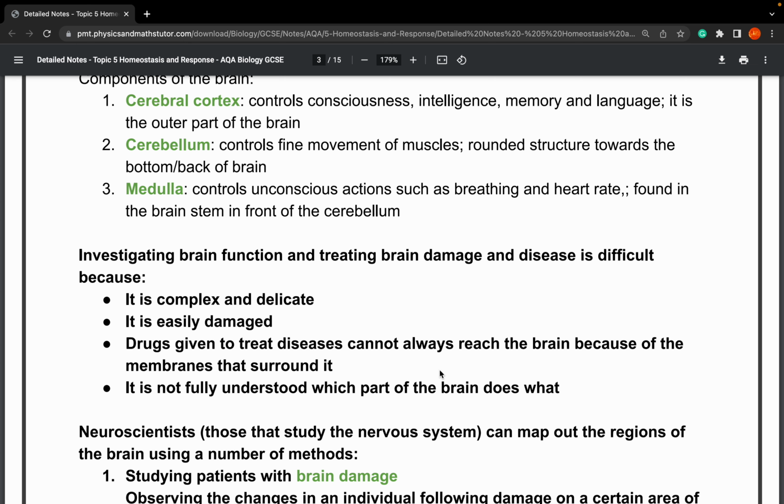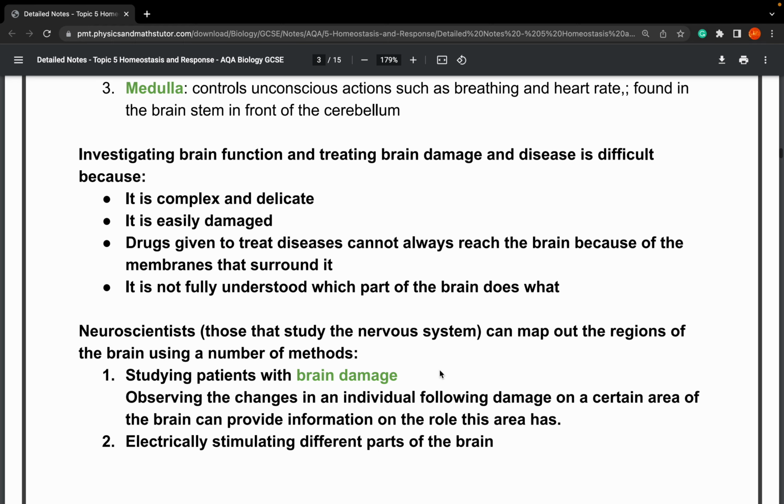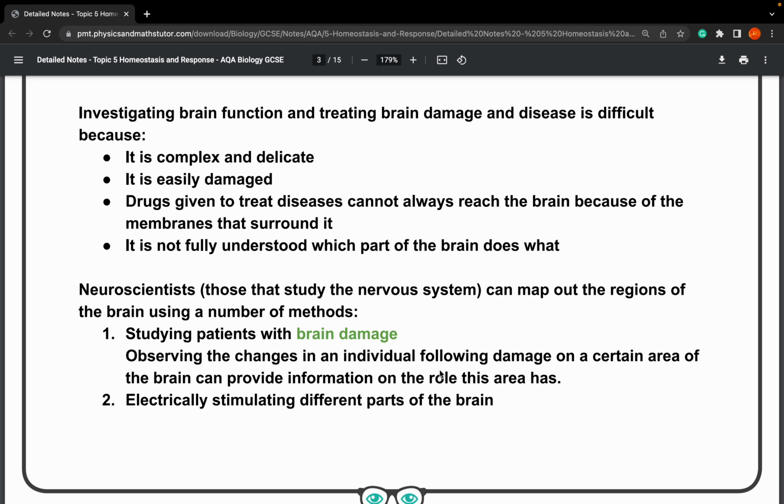Medulla controls unconscious actions such as breathing and heart rate, found in the brainstem in front of the cerebellum. So just in front of the cerebellum. Remember the picture? Yeah, in our body, cerebrum, cerebellum, medulla, inside. Okay?